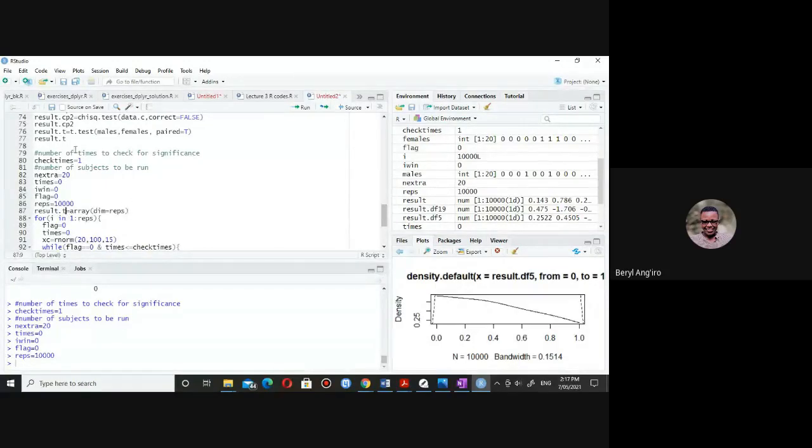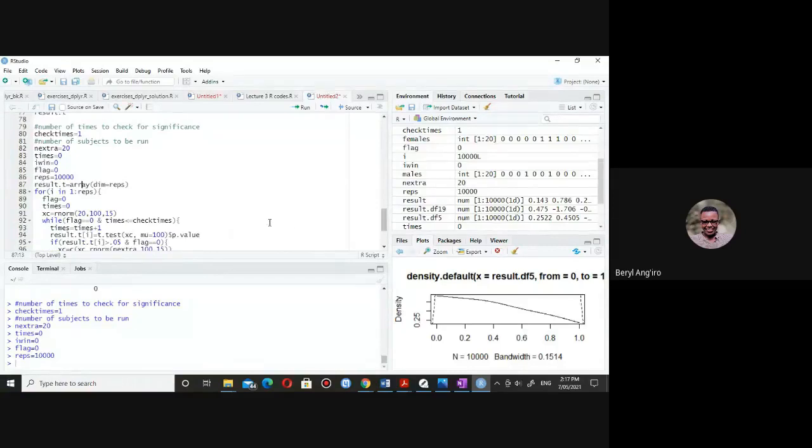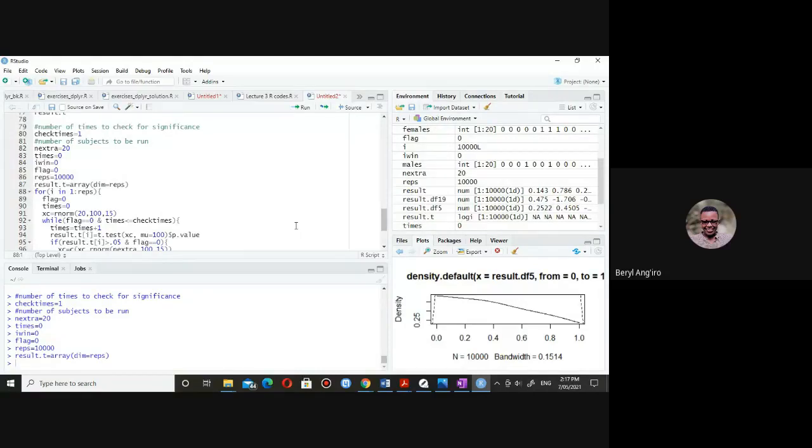For our result, we are going to use the same as above. The result.t is an array of dimension 10,000, and then for i in 1 up to 10,000, we set flag to 0 and times to 0, and then xc we generate from the normal distribution, 20 random numbers with mean 100 and standard deviation 15.